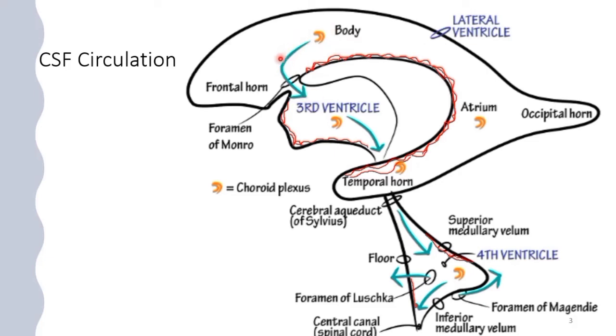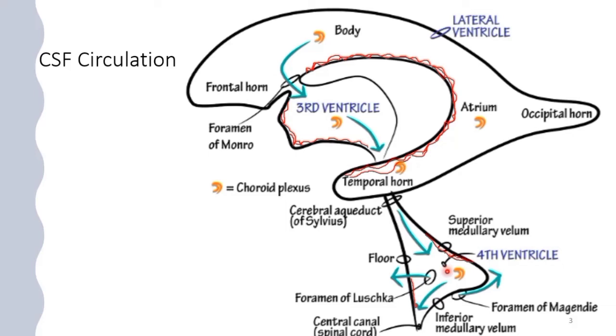It flows from the lateral ventricle to the third ventricle via the foramen of Monro, then from the third ventricle via the cerebral aqueduct into the fourth ventricle. Then from the fourth ventricle, it goes into the subarachnoid space via the foramen of Luschka and foramen of Magendie. There are two foramina of Luschka, which are lateral, and one foramen of Magendie, which is central.